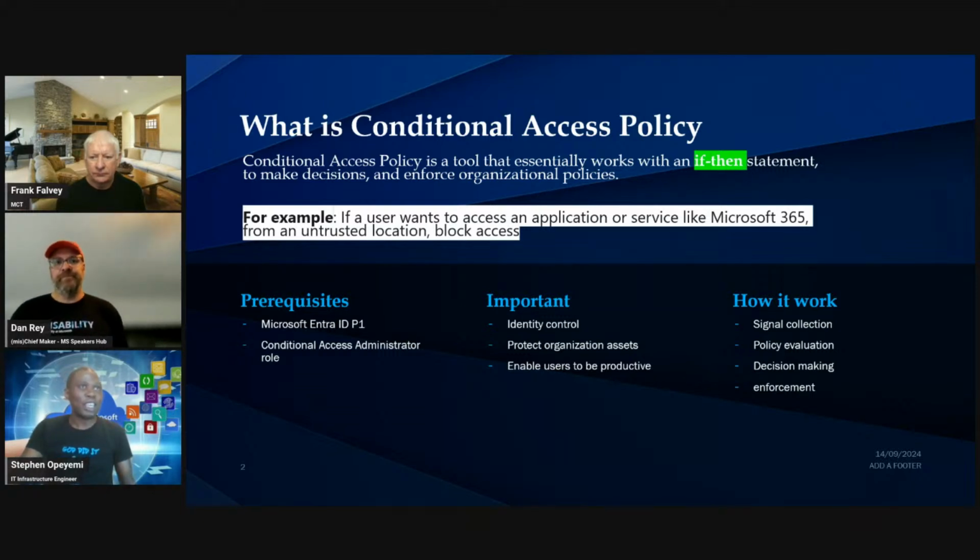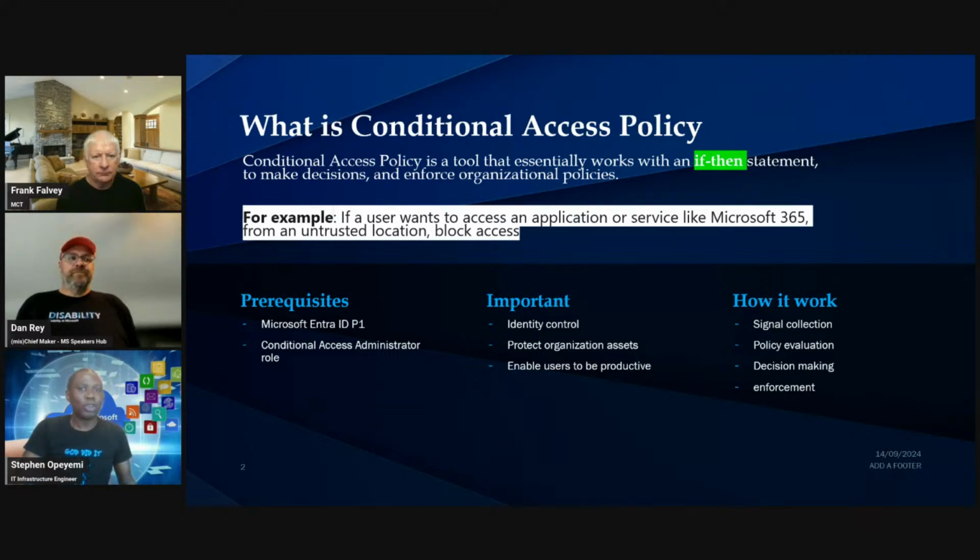So that is what conditional access simply means. It's an if-then statement to make decisions and enforce organizational policy, which means that you have to comply, otherwise that policy will be enforced on that user. For example, if a user wants to access an application or service like Microsoft 365 from an untrusted location, block access.